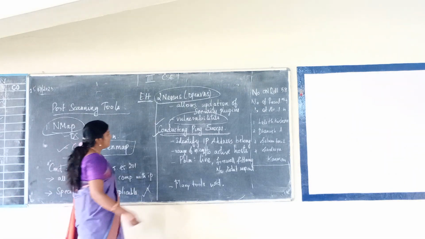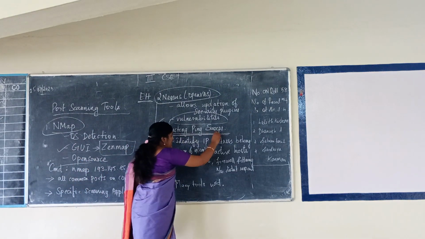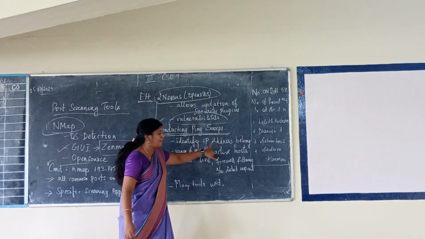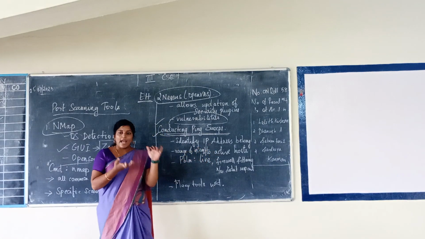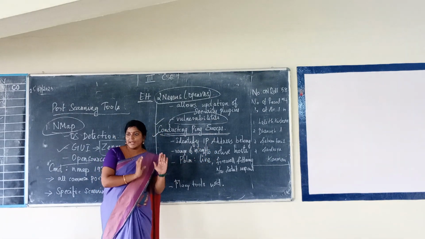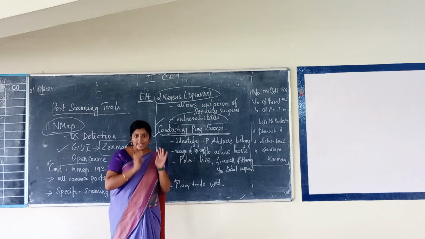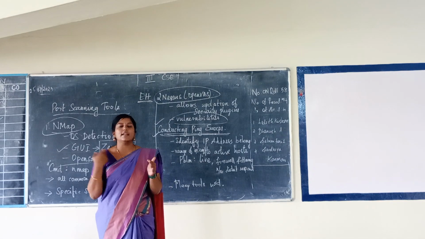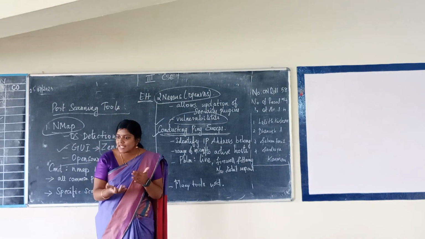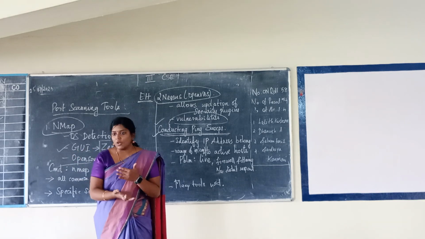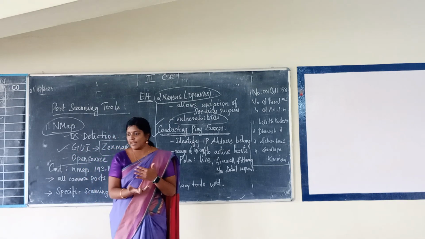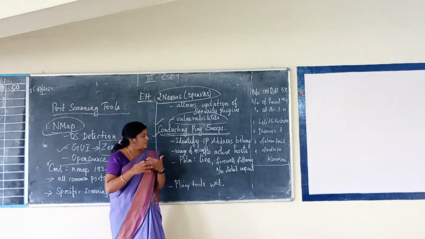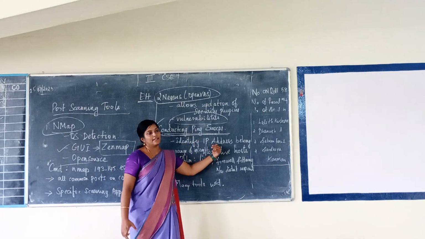Now why are we using ping sweeps? To identify the IP addresses which belong to active hosts. We are targeting a particular system. We have a target computer, and as a security tester we are checking which ports are open and closed, everything we are going to check, right? First we need to know which ports are connected.